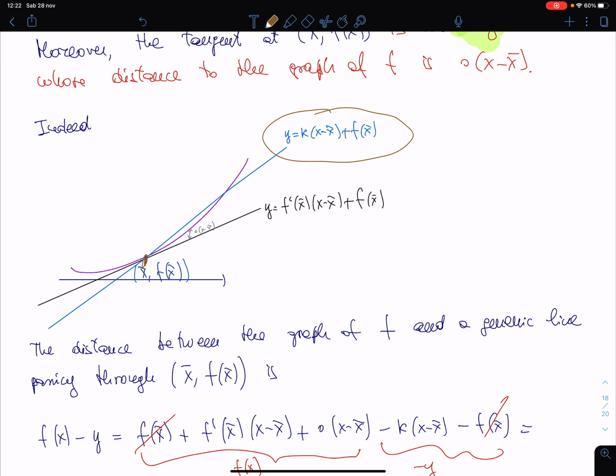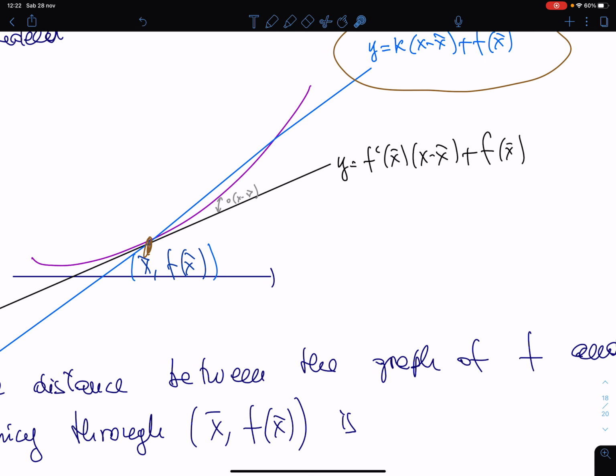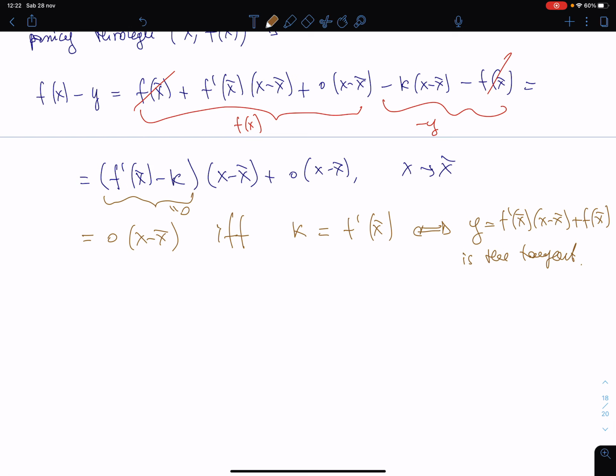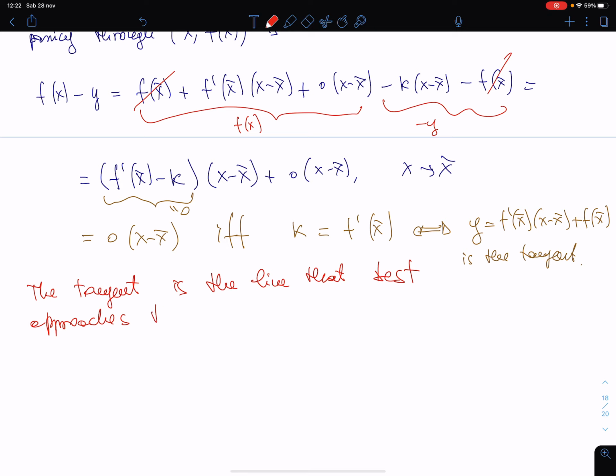So this very simple computation tells us that the tangent is very special from this point of view. It is the only line whose distance from the graph is little o of x minus x bar. So in this point, we can say that the tangent is the line that best approaches the graph of f near the point x bar, f of x bar.